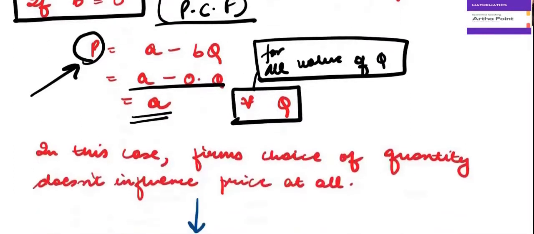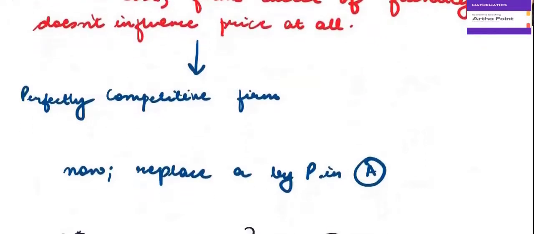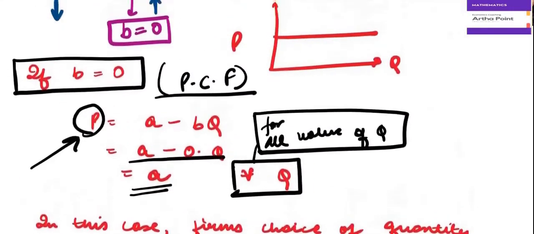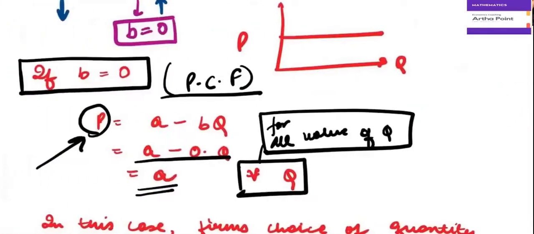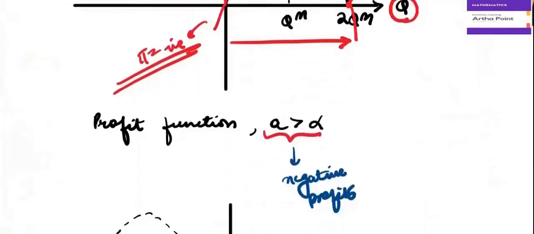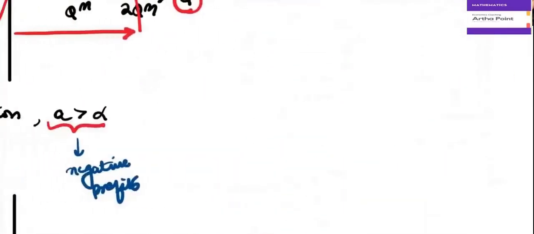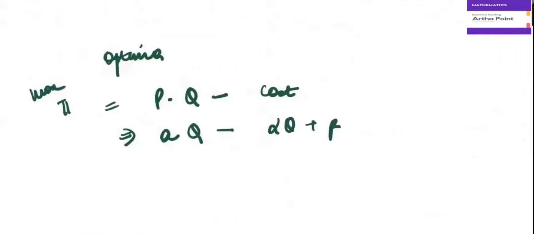Now, given this price, if I ask you what optimum you will achieve, it's very simple. Your optimum will be profit maximization. Profit will be maximized at PQ minus cost. Price is now A. Quantity remains Q. Cost, as we know, is alpha Q plus beta Q square.